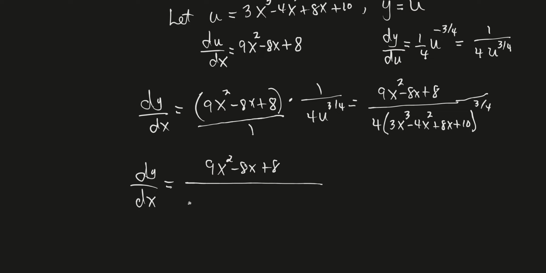In the denominator we'll have a 4 times, and the 3/4 exponent is telling me to take the 4th root of this whole thing raised to the 3rd power. So I'm going to need a big radical here, that is the 4th root, and then I'll have of the quantity 3x cubed minus 4x squared plus 8x plus 10 all to the 3rd power, right?